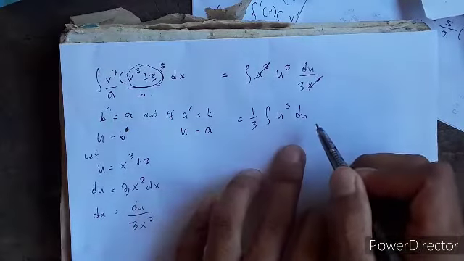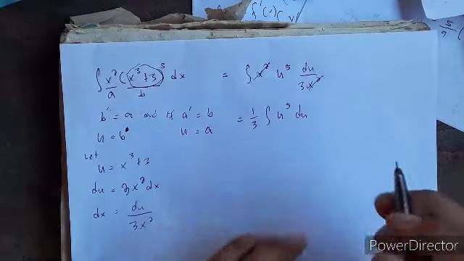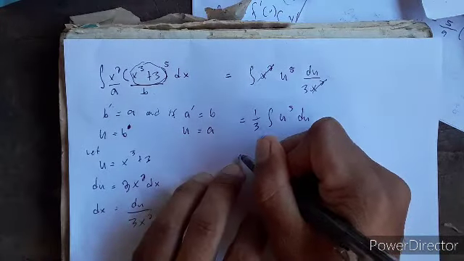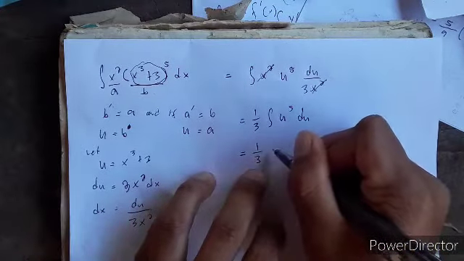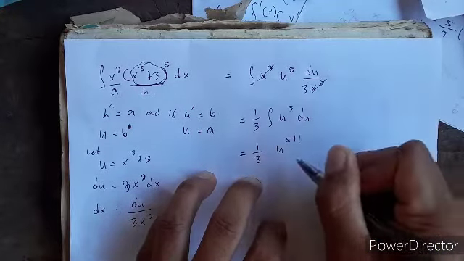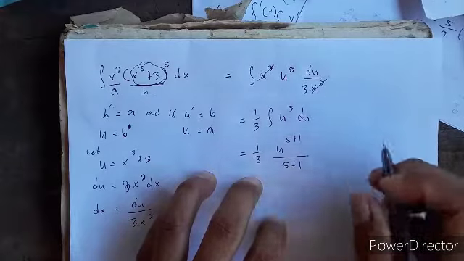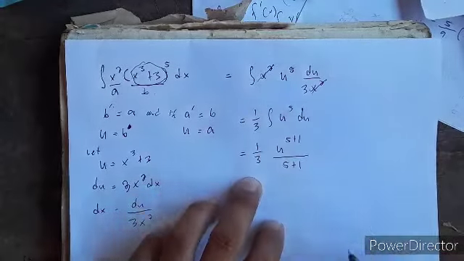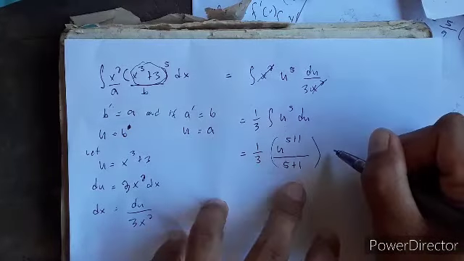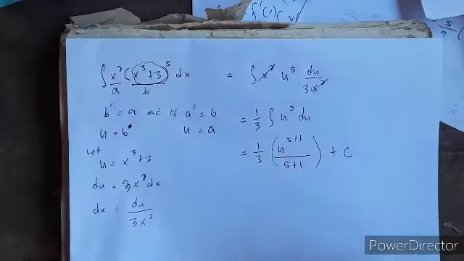In this way, we can easily use the power formula of integration. So it would be equal to 1 over 3 times u raised to 5 plus 1 over 5 plus 1, where our n is equal to 5. And don't forget to add an arbitrary constant.